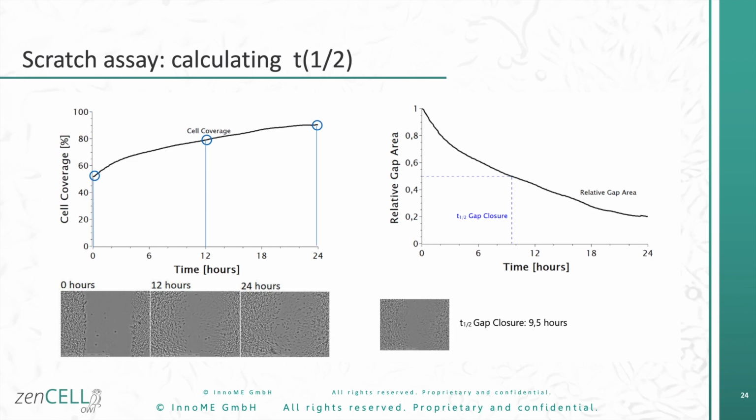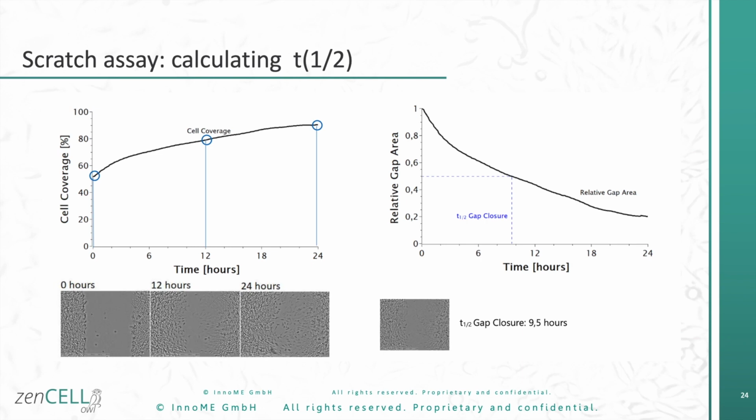So this allows you, with the data being recorded from the zenCELL software, to easily calculate this important factor. It makes it possible for you to compare experiments to this calculated factor.